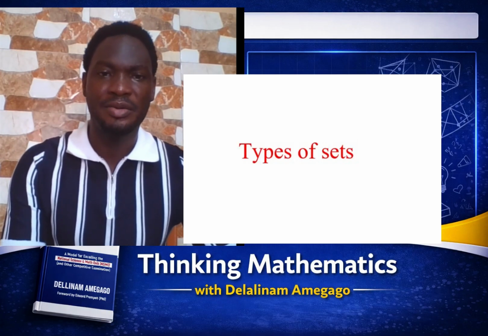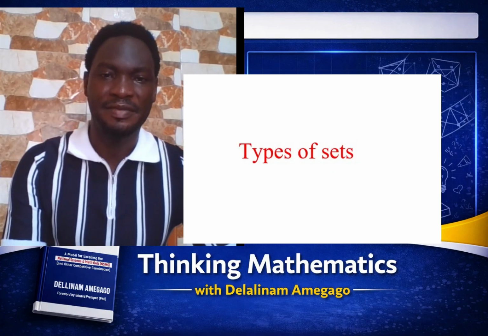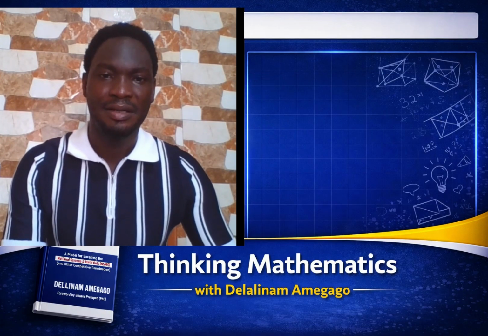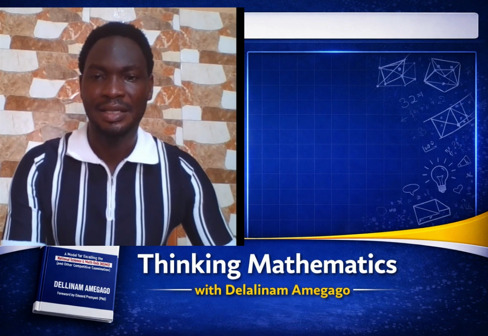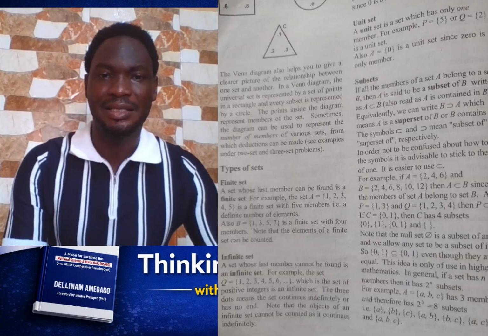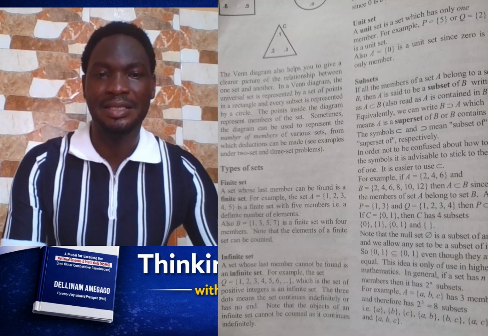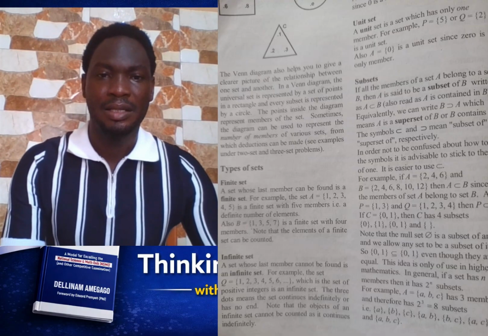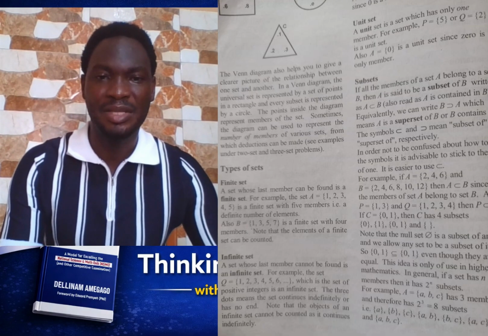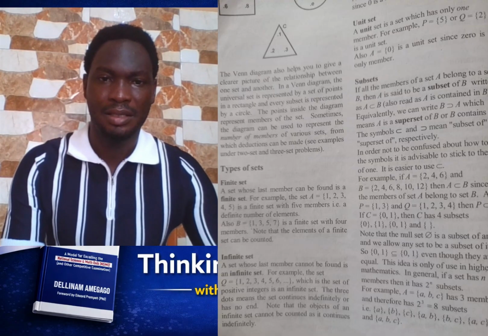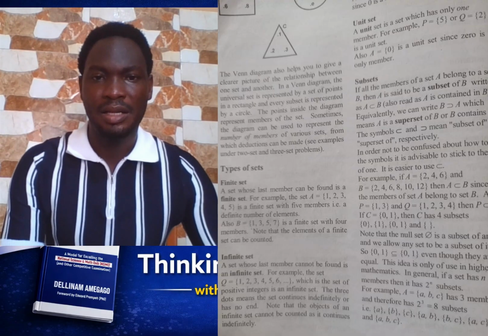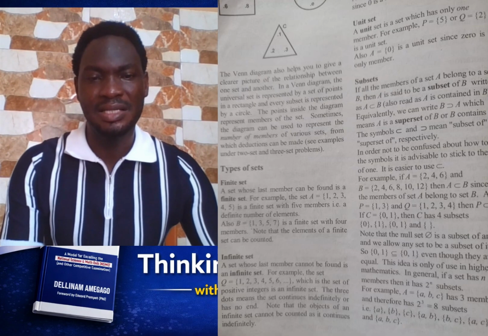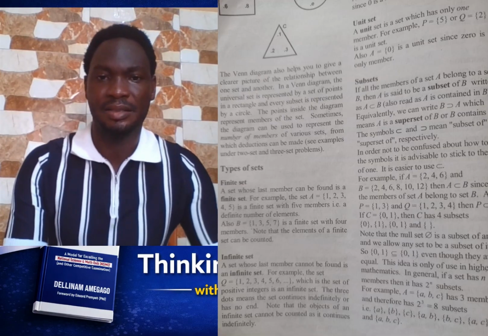But where you have types of sets as a caption, and under that you have finite sets, subsets, empty set, universal set, and all that under the same types of sets, then you are misleading the learners.